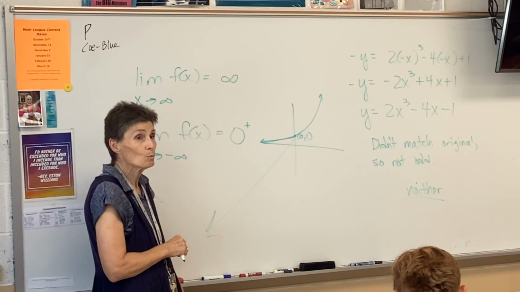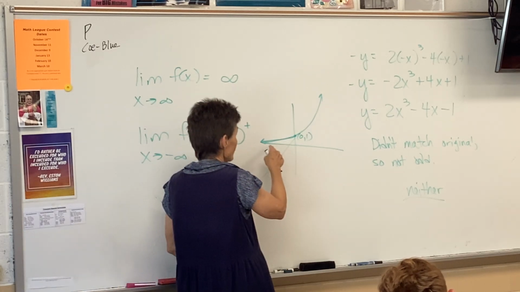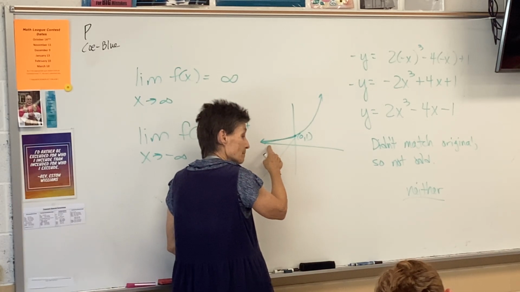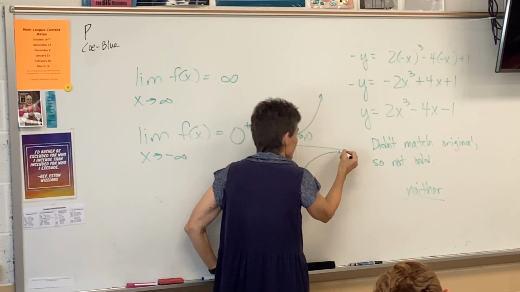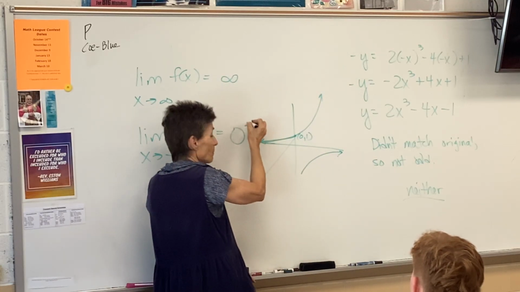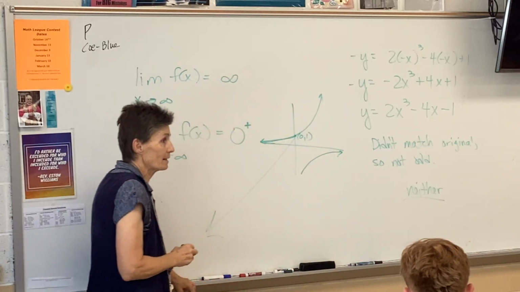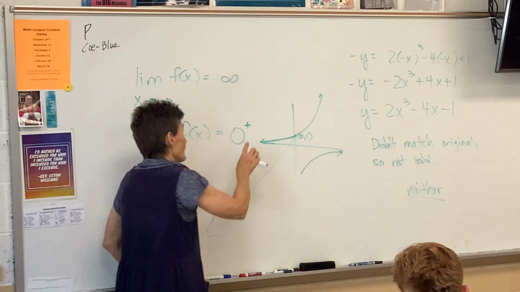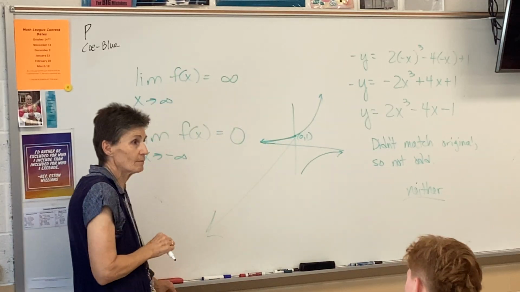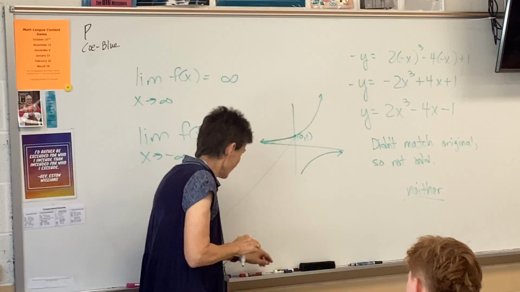Because there's two ways we can get closer to 0. We can get closer to 0 like that, and like this. This is from the top, the positive side, and this is from the bottom, the negative side. I didn't require that, but I was going to give a bonus if you got it.